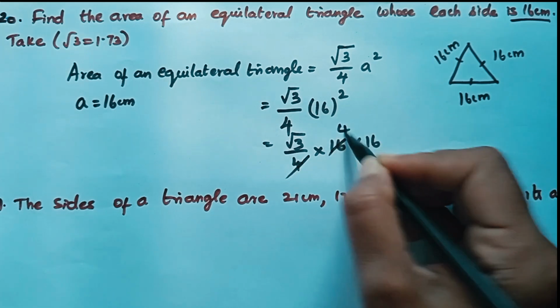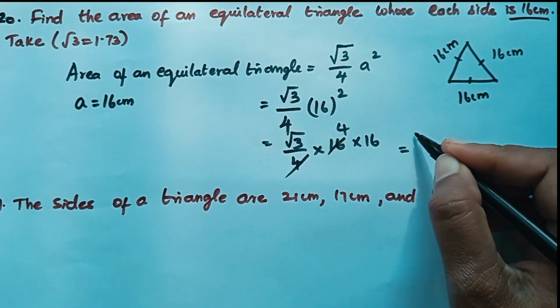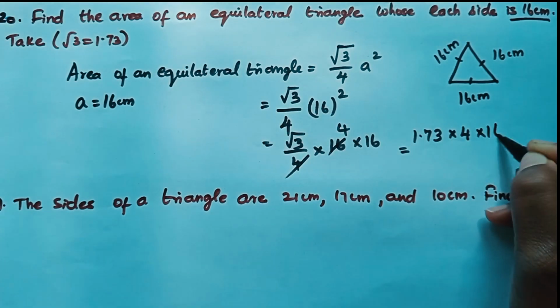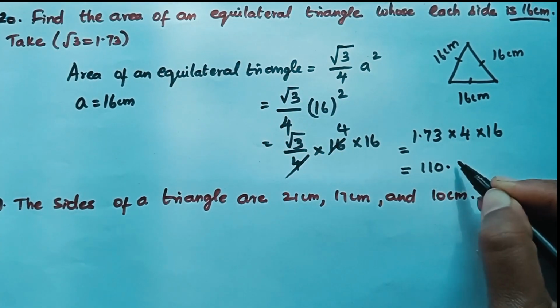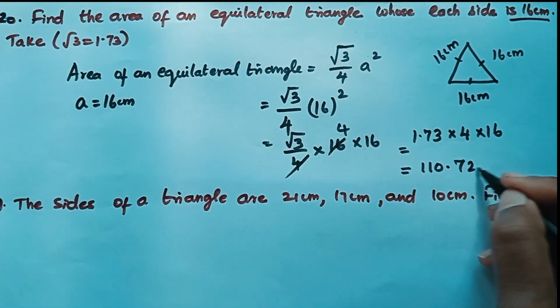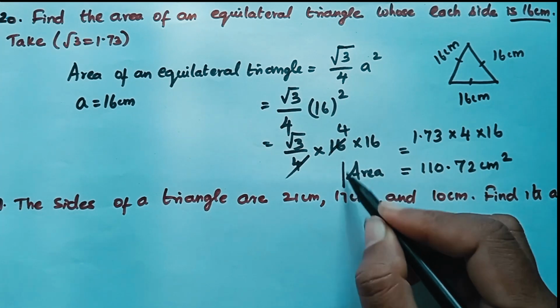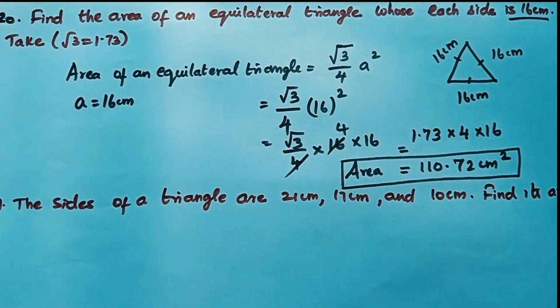Cancel out using 4, 4 into 4. So 16. So multiply for root 3, you substitute as 1.73 into 4 into 16. When you multiply, you will get 110.72 centimeter square. This is the answer for the above question. This is the area of equilateral triangle.